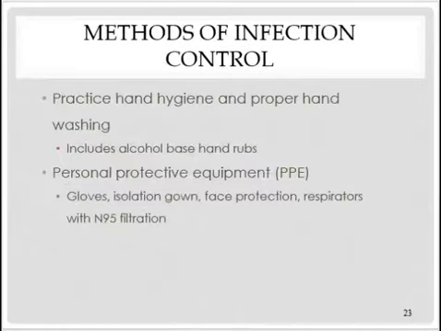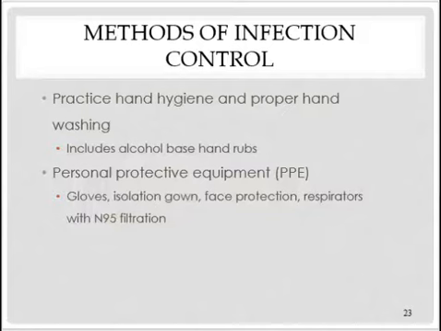Methods of infection control in the inpatient setting include practicing hand hygiene and proper hand washing, which includes the use of alcohol-based hand rubs. And you can only use the alcohol-based hand rubs if your hands are not visibly soiled. If your hands are visibly soiled, we want to use the good old-fashioned soap, water, and friction.